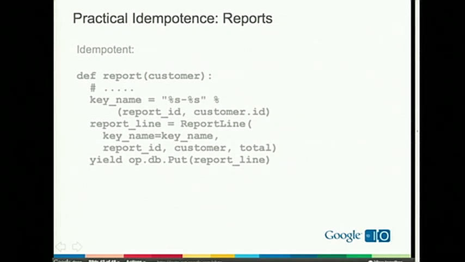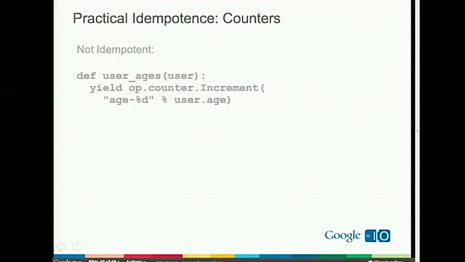And as the first statement of this report generation function, you should probably check that you already have a report line in the database, and if you have it, there is no need to generate another one.